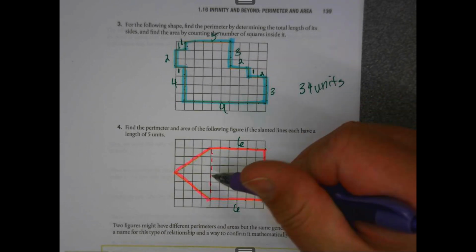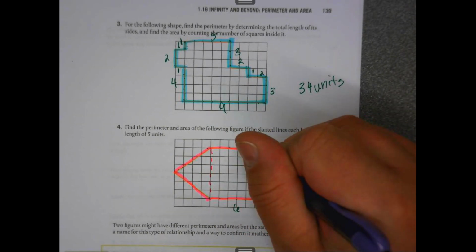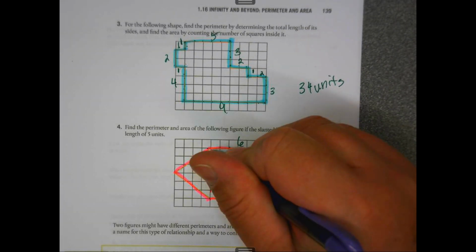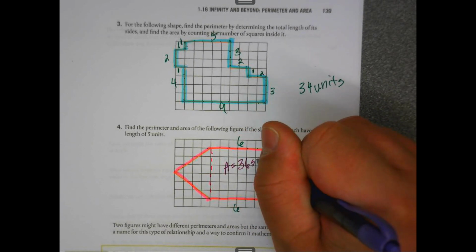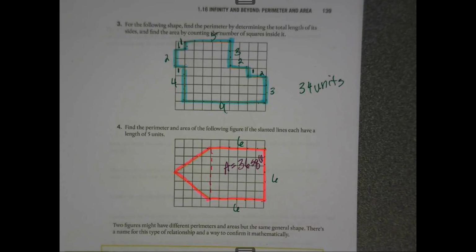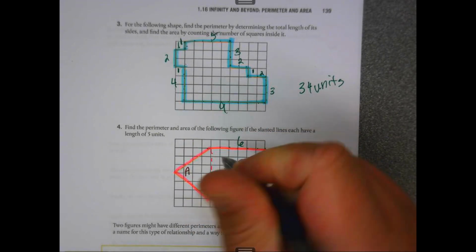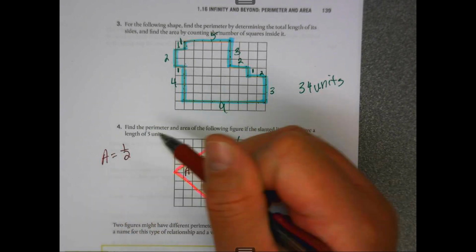Okay. Areas. This is definitely a square. So this is going to be 6 times 6. For area of the square here, 36 squared units. And for the area of the triangle, remember, area for a triangle is 1/2 base times height.